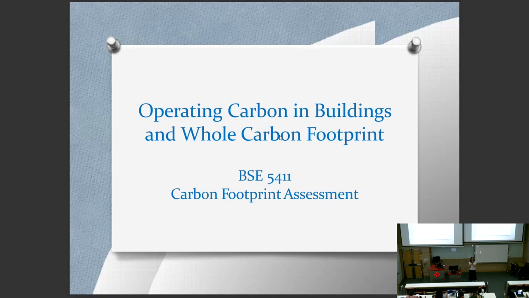Last week we studied the embodied carbon, which includes the initial embodied carbon and the recurring embodied carbon, due to renovation, maybe every 5 years, and refurbishment, and so on. Today we will look into operating carbon and the whole carbon footprint.